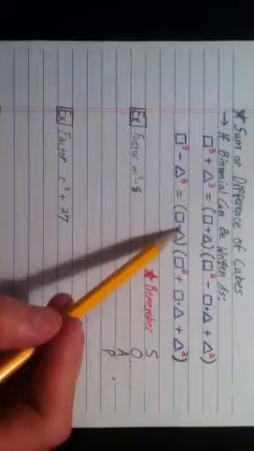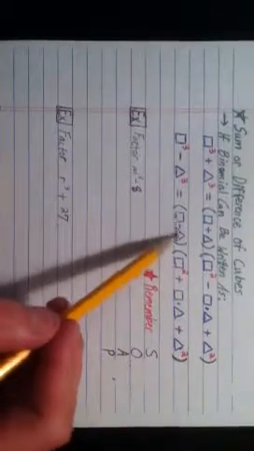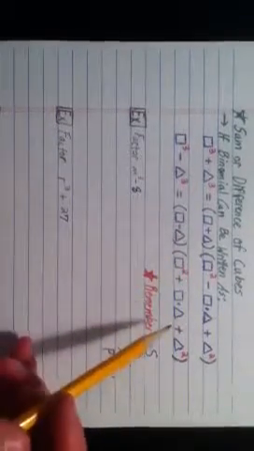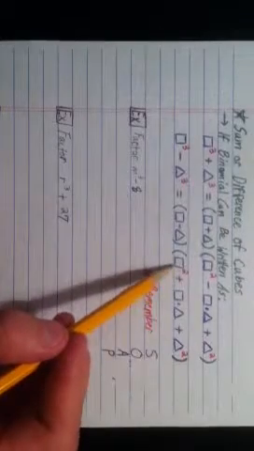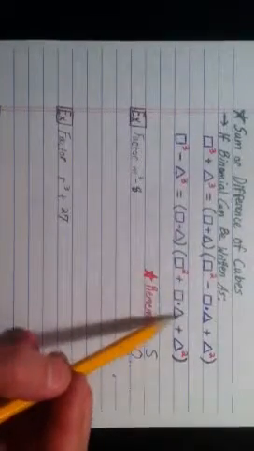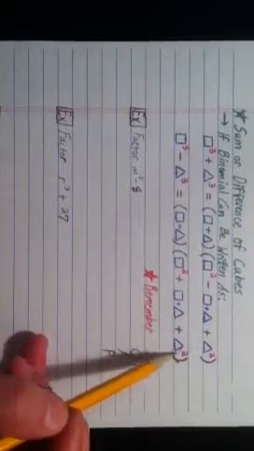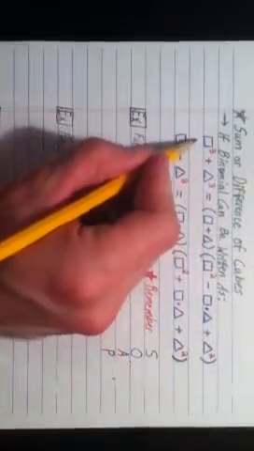And if it's a difference of cubes, it's almost the same equation, except it is subtraction: the difference of those two things that were being cubed to begin with, times the first term squared plus the product plus the second term squared.